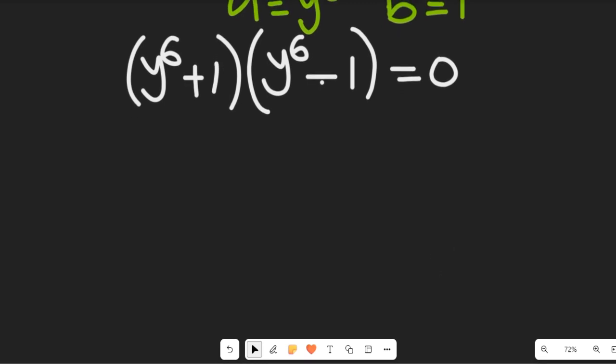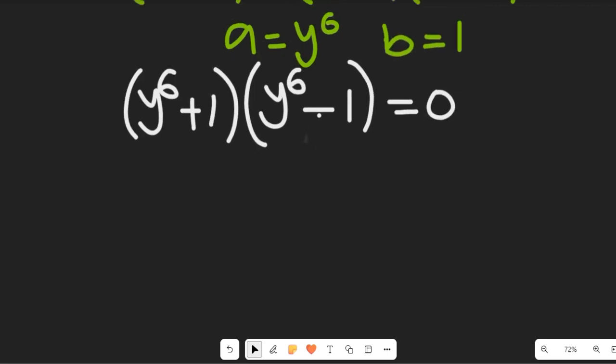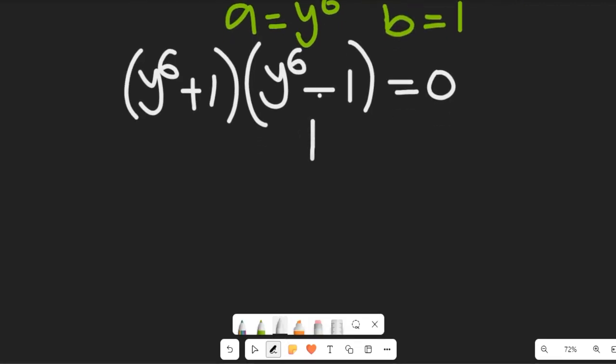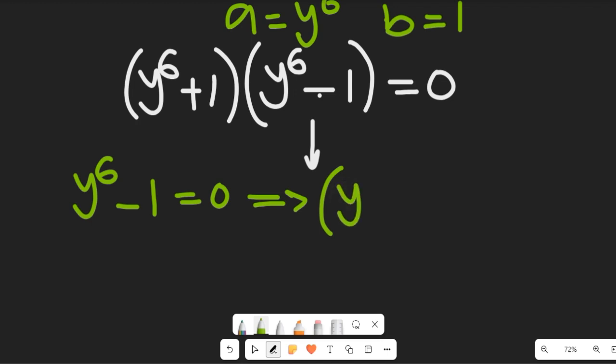Great. Now, having done this, we are going to simplify this further. And from this expression, you'll come to see that we can isolate this y to the power of 6 minus 1, which will be equal to 0. So we can expand this to give us y to the power of 3, all squared, minus 1 squared, and this will be equal to 0.